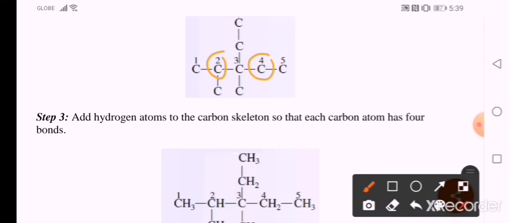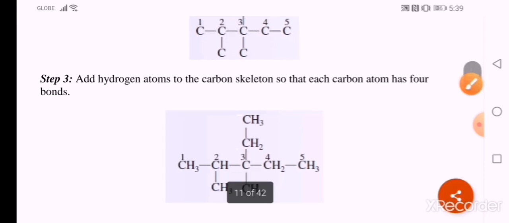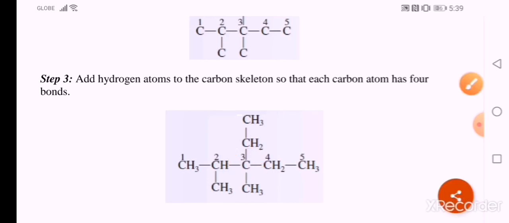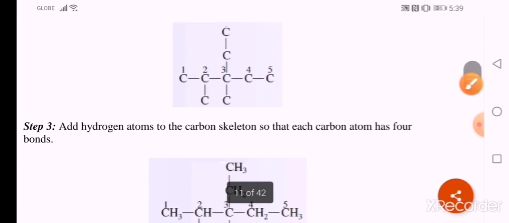And that carbon atom number 3 also bears the ethyl group na substituent natin kanina, as well as the methyl group. So with that 4 attachment, the third carbon atom will no longer bear any hydrogen kasi naka-4 na siya. Okay? So, ganun lang din sa iba pang mga carbon atom.